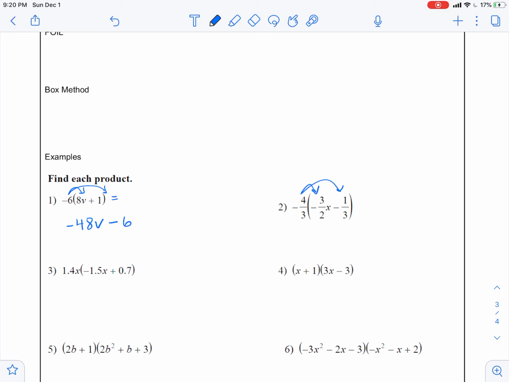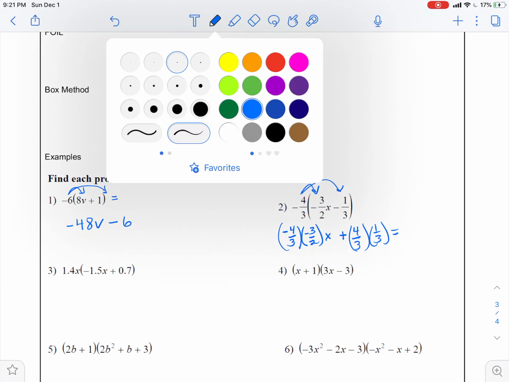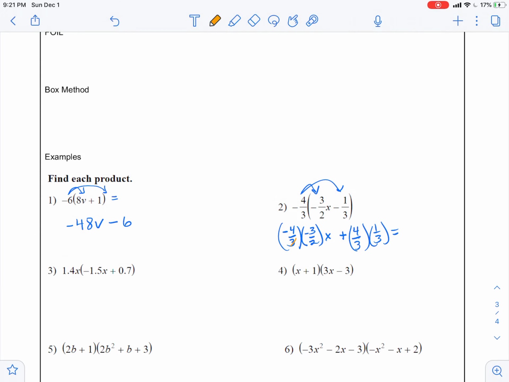The other way you might do that is go ahead and write this out, but you can also run it through your calculator, not computer, but double negatives here is going to make this positive, and then that's 4/3 times 1/3. So you could write that out if you needed to. Now in this case here, my 3's are going to cancel, and 2 goes into 4 twice. And so this is actually just going to give me 2x, okay?